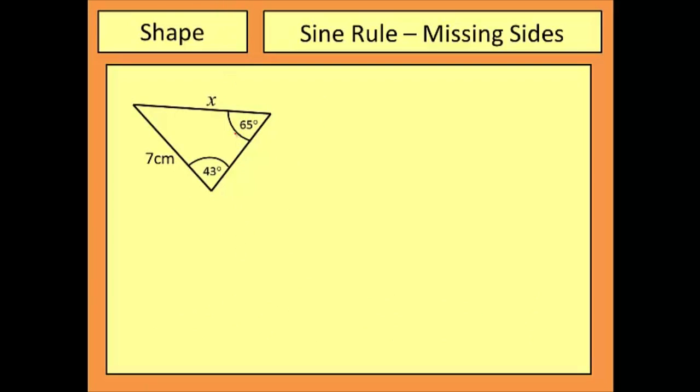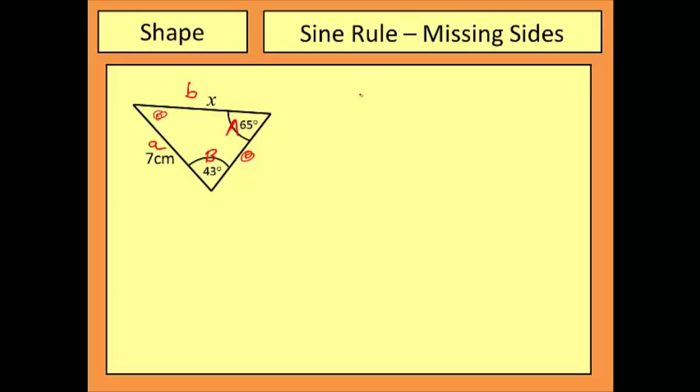In this example I'm going to start off by labelling up my triangle correctly. So this angle here, let's call it angle A, and that means that the 7 cm side is A. This angle, 43 degrees, let's call it B, and that means that this X up here would be B. Now we're not actually interested in either this angle or this side, which I would have labelled C. So I'm going to leave those out of my calculation entirely, and I'm going to set up the problem using the sine rule.